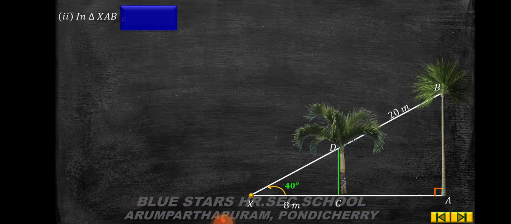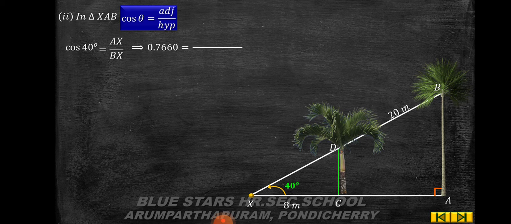Then the second subdivision: in triangle XAB, cos theta is equal to adjacent by hypotenuse. Cos 40 degree is equal to AX by BX, which implies cos 40 degree is 0.7660, which is equal to AX, which is nothing but AC plus CX, divided by BX, which is BD plus DX.